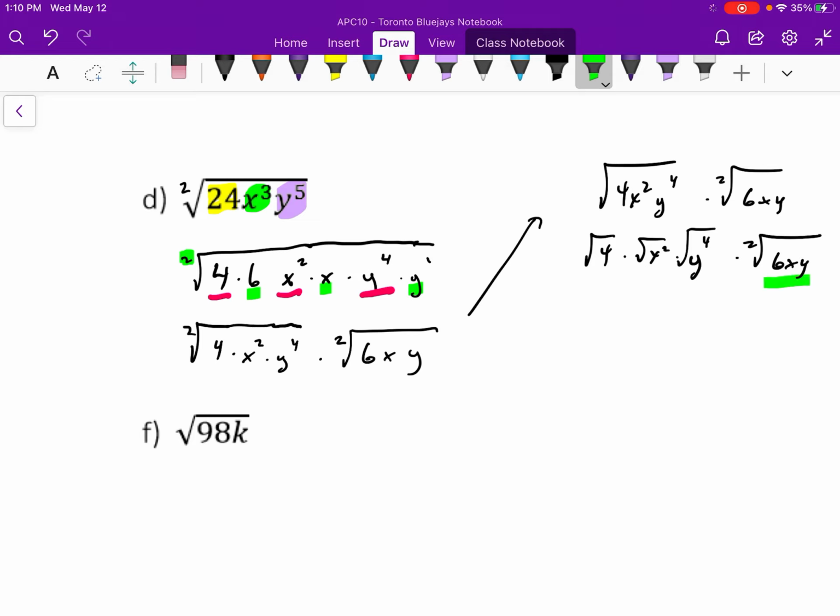And by the way, we've established long ago that this is all the parts left over that are non-square-rootable. So if I evaluate the expression on the left, the square root of 4 is 2, the square root of x squared is x, the square root of y to the power of 4 is y squared, and there we have it.